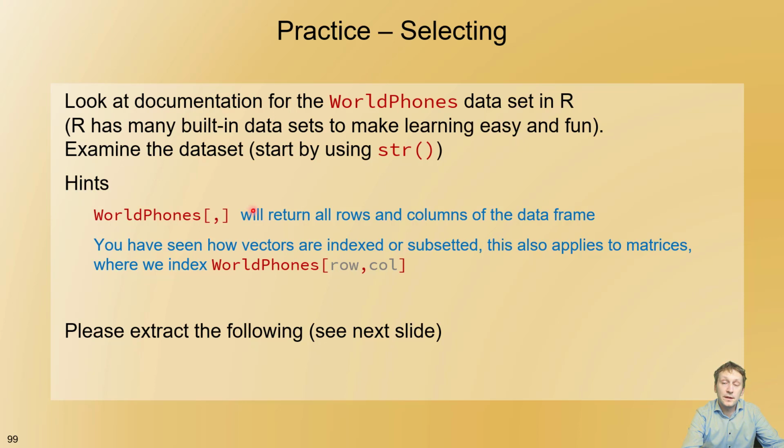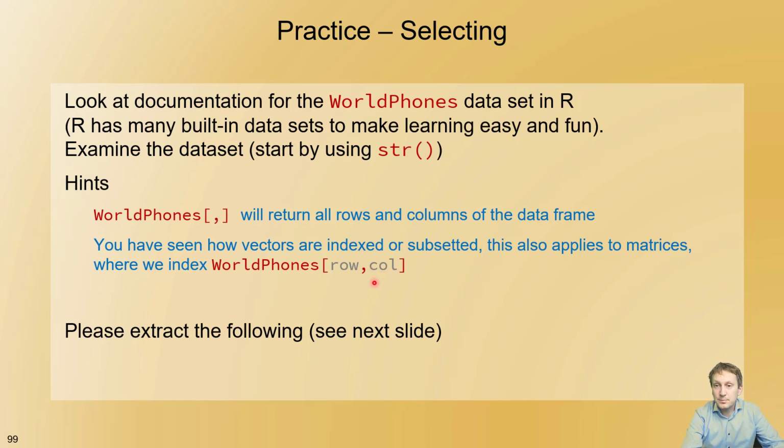WorldPhones in brackets, comma, will return all rows and columns. When you want to understand selecting rows versus columns, typically in rows we have observations and in columns we have different variables. The order is row, comma, column. So everything that is before the comma is indexing rows, everything after the comma is indexing columns.